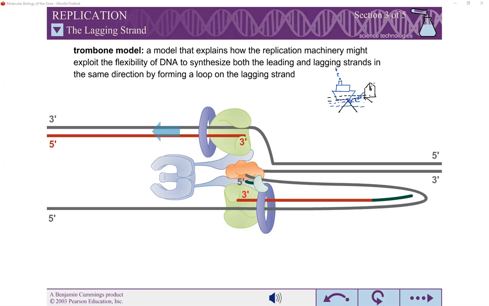When the waves move above or below, the trombone moves in both directions. As the trombone moves, the bell rings.